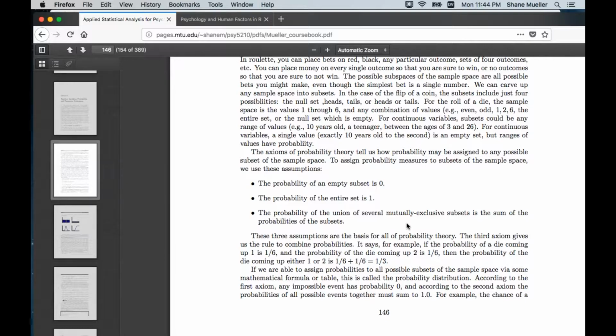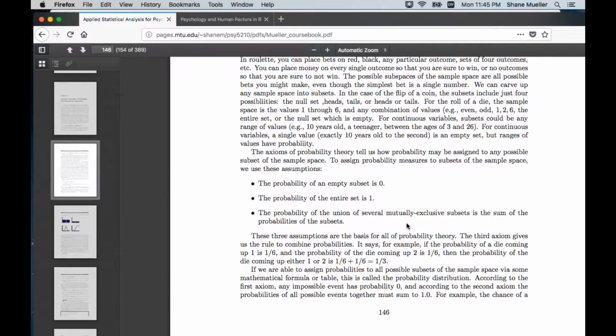So if I take odd numbers, and maybe the probability of that on a roulette wheel is close to 0.5, and I add to it one even number, so that's like 1 over 37 depending on the wheel, then the probability of these things together, because they're mutually exclusive, is the sum of the probabilities of each individual. So it's going to be 0.5 plus 1 over 37 or something like that.